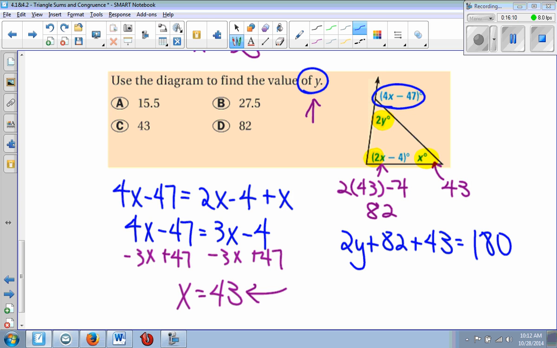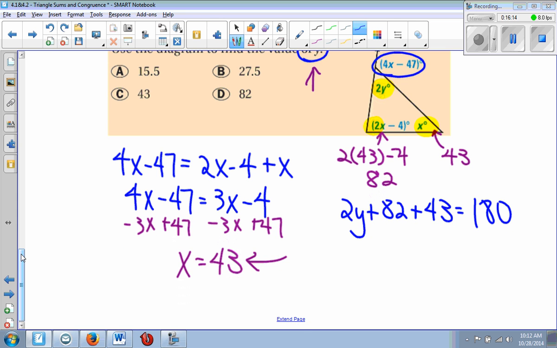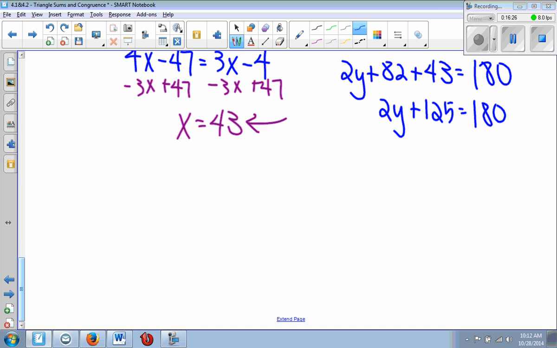I'm going to add them together, and I should get 180 because they're inside of a triangle. Combining my like terms, 82 and 43 are 125 together. In order to solve for y, you would subtract 125 from both sides. So 2y equals 55. And you would divide both sides by 2 to get 27.5.